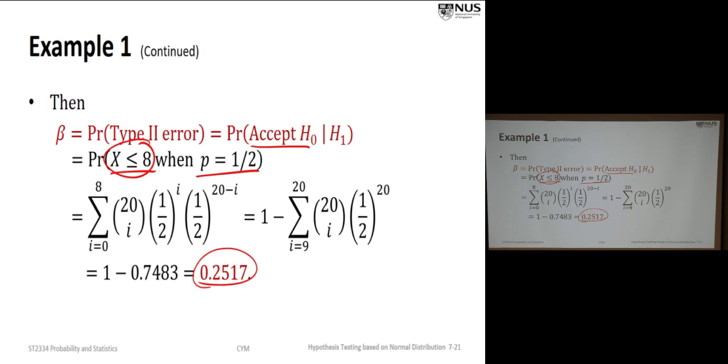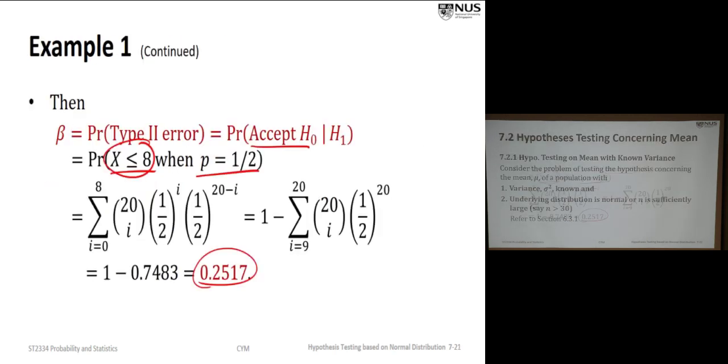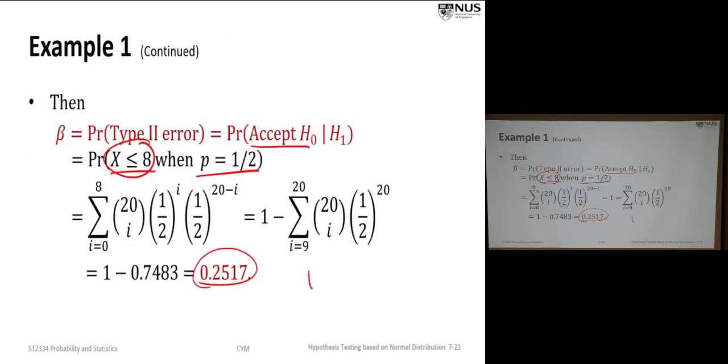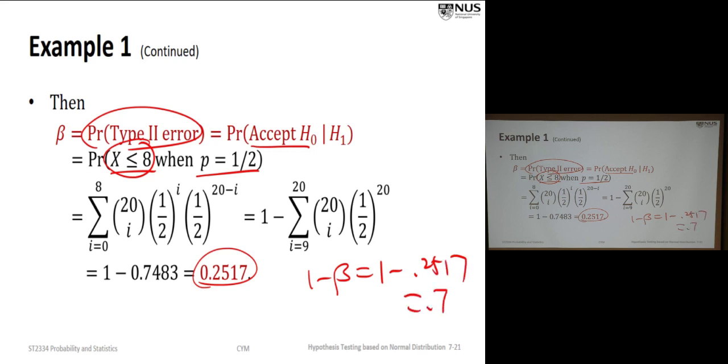So in other words, what is the chance that you will reject the null hypothesis? The chance of rejecting the null hypothesis will be 1 minus beta. This is the chance of committing an error. The chance of not committing this error, that means you reject the null hypothesis, if P equal to 1/2, is equal to 1 minus 0.2517, or 0.7483. So it's very good.